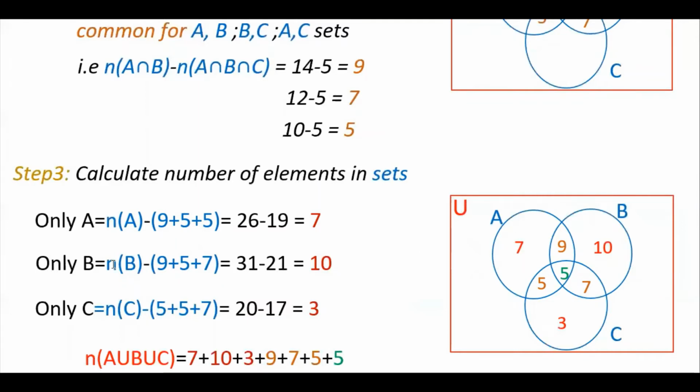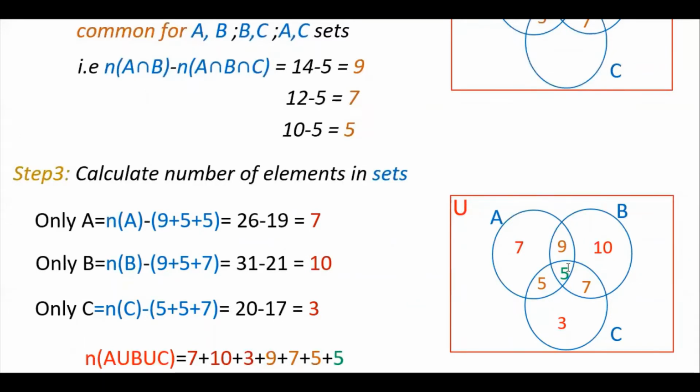And next one, N of B is given, that is 31. 31 minus these three values. See here, that is 10. So you can calculate 10 here like this. And only C, that means N of C, which is 20, that is given. So 20 minus these three values, 5 plus 5 plus 7, that is 17. So 3.